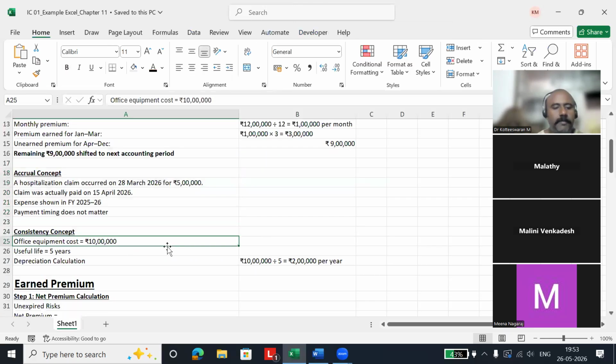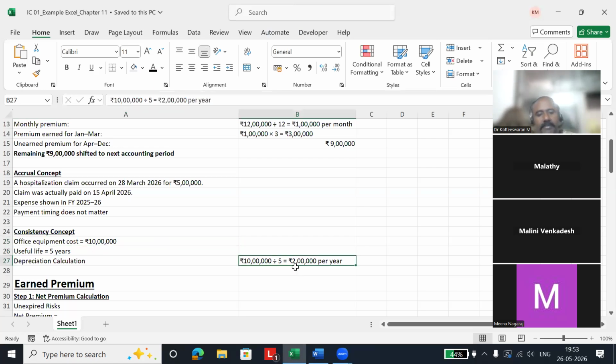So for example, let's take depreciation cost. We have office equipment, 10 lakh rupees of office equipment, for example computers. The life of that computer is 5 years. So depreciation is 10 lakh divided by 5 years. Every year 2 lakh rupees we need to reduce.